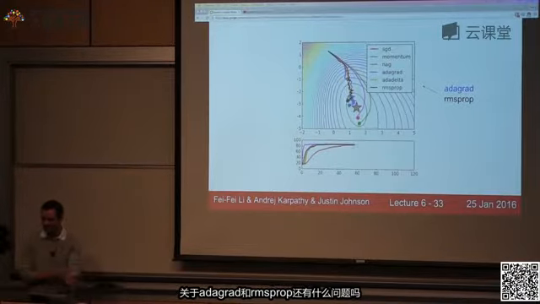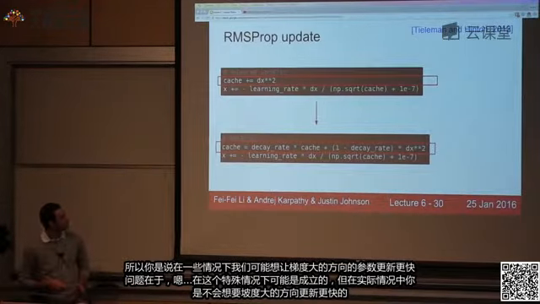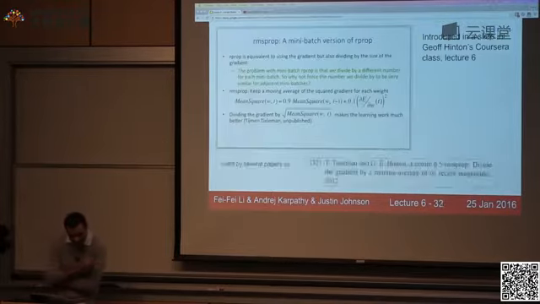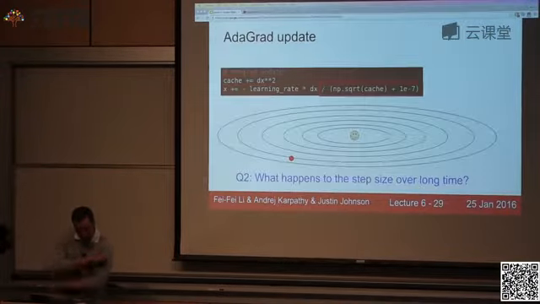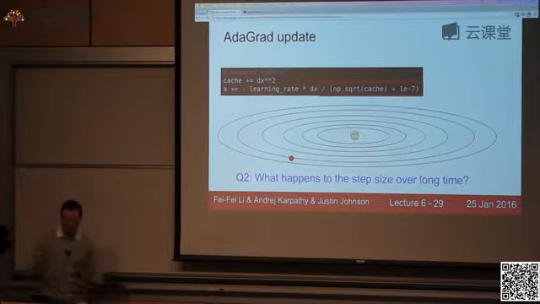Go ahead. Since you scale down the learning rate in the steeper direction, in that image that you had, if the red dot was moved over to directly under the smiley face, don't you want it to just go quickly down the steepest direction? So you're saying that in some cases you might want to actually make faster progress in the steeper direction.